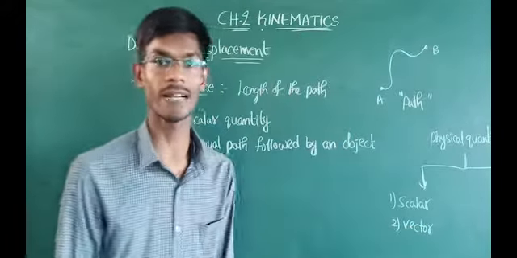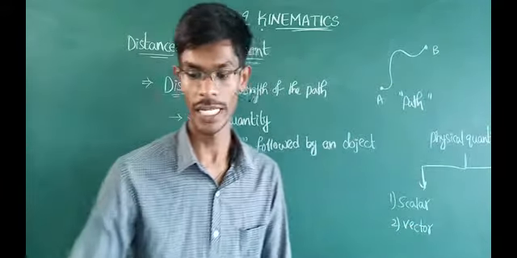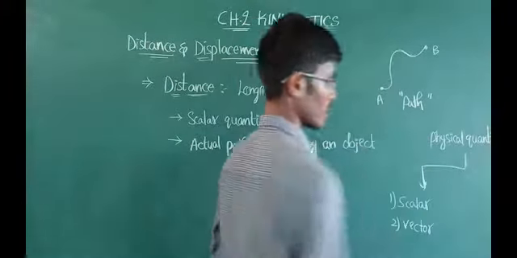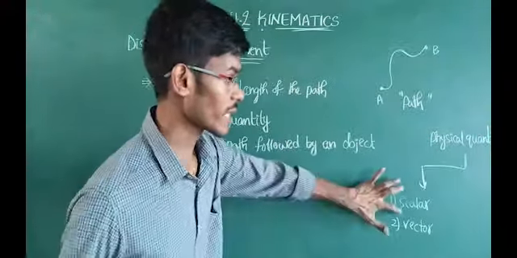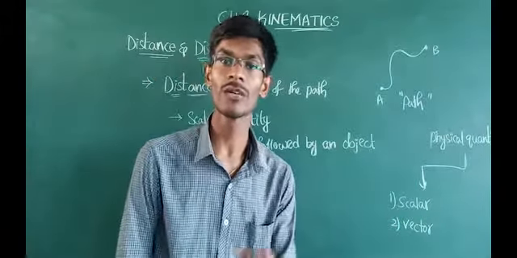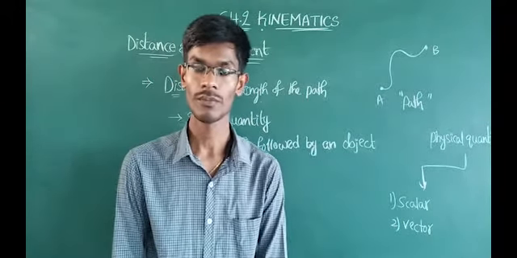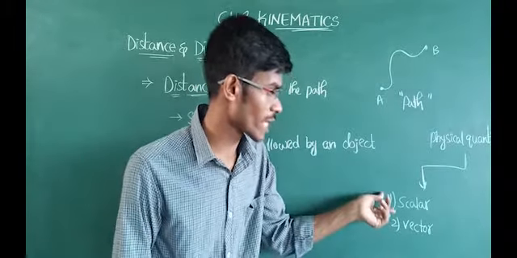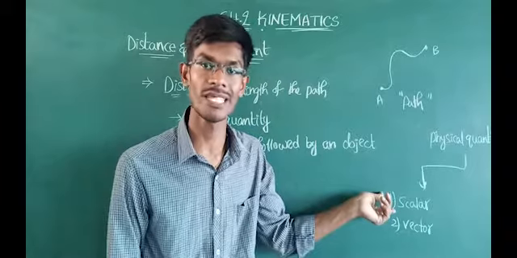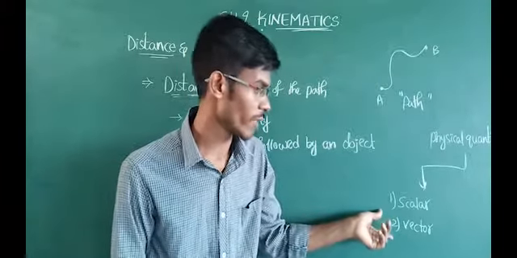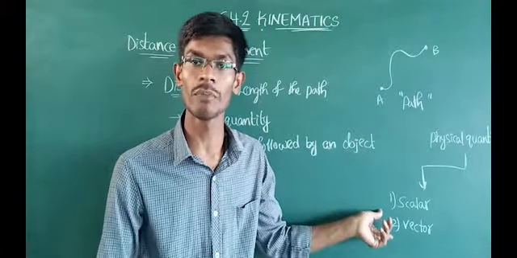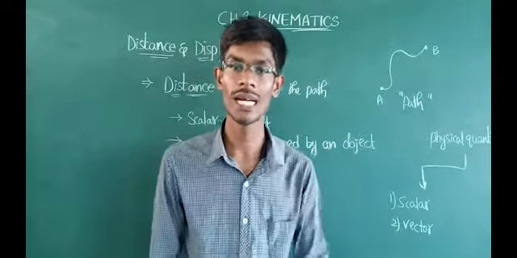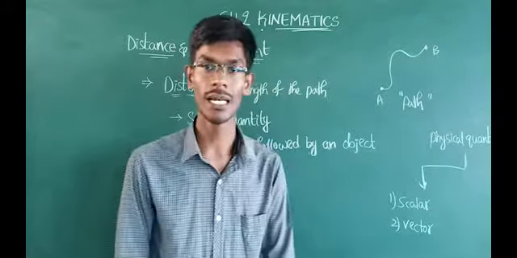So what is scalar and what is vector? Scalar physical quantities are the physical quantities which exhibit only magnitude. The physical quantities which have both magnitude and direction, those we will call vector physical quantities.